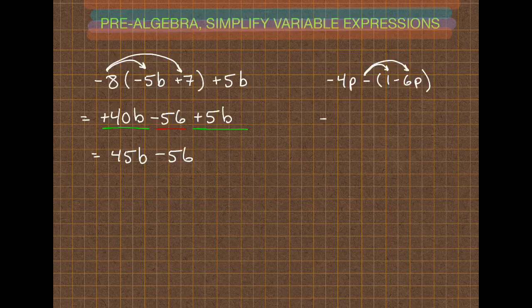So we have -4p, and then -1 times +1 gives us -1. -1 times -6p gives us +6p. Now we just need to add up these two and this guy by himself. So -4p plus 6p gives us +2p, and that -1 just comes down. So we have 2p minus 1 as our answer.